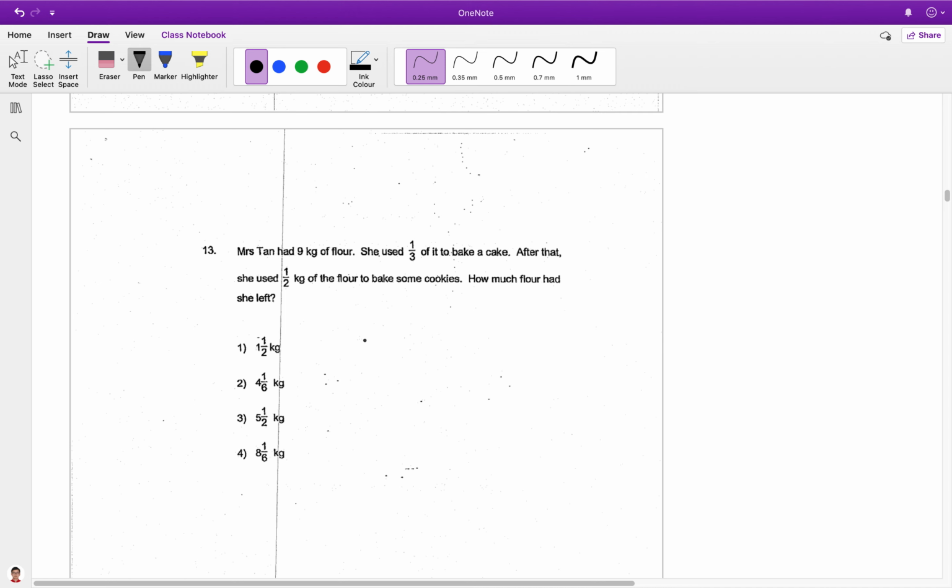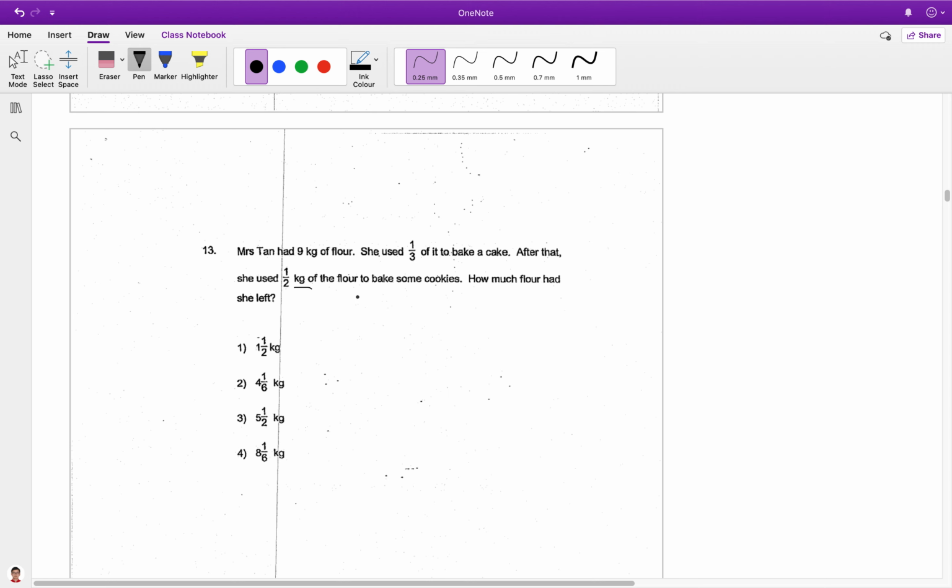Question 11. Mrs. Tan has 9 kg of flour. She used 1/3 to bake a cake. Of that, she used 1/2 kg of flour to bake some cookies. How much did she have left?